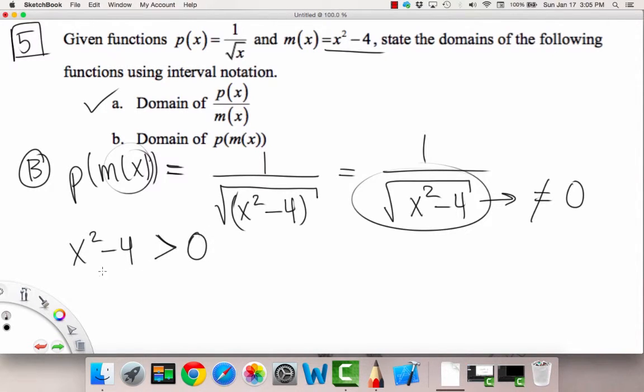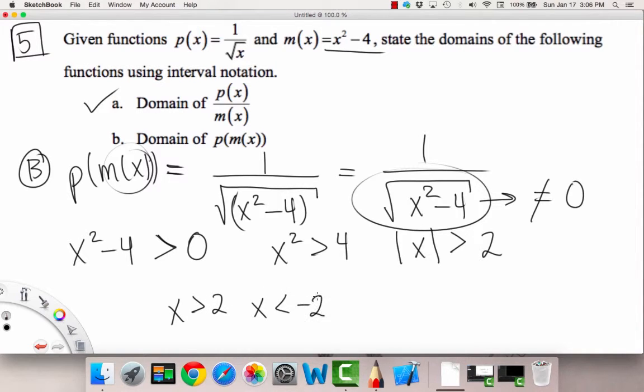So we're just going to solve this inequality. We get x squared is greater than 4, which means that when you take the square root, we take the absolute value, so the absolute value of x is greater than 2. To break this down, either x must be greater than 2 or x must be less than negative 2.